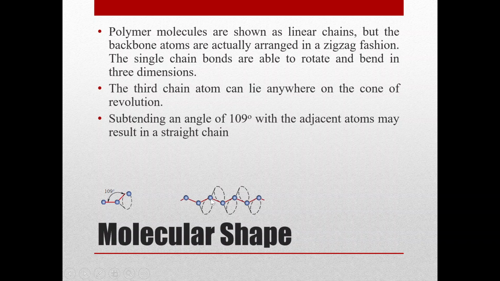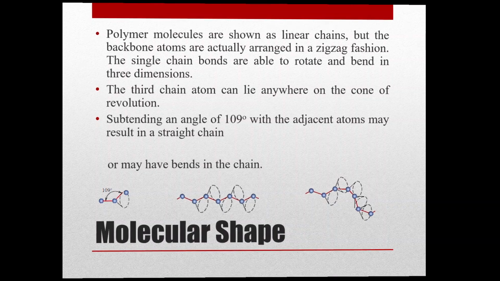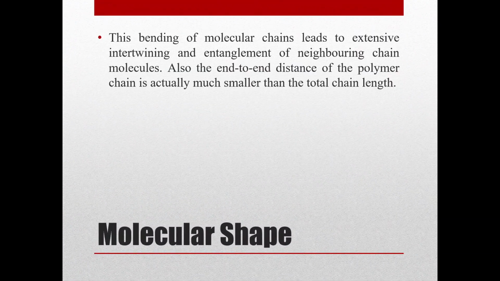All these carbon atoms forming the backbone can subtend an angle of say 109 degrees between each other, or they may also have bends in the chains, something like this. This bending of the molecular chains leads to excessive intertwining and entanglement of neighboring chain molecules.